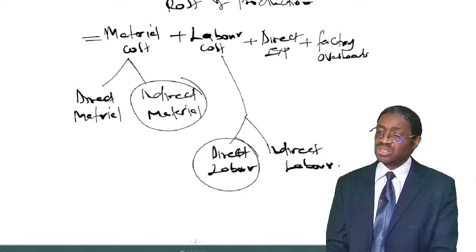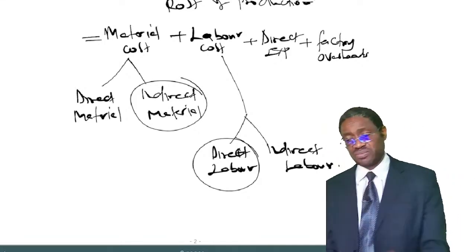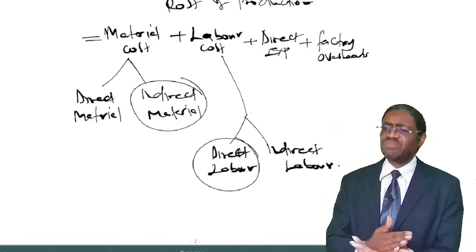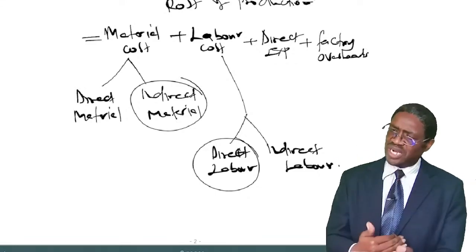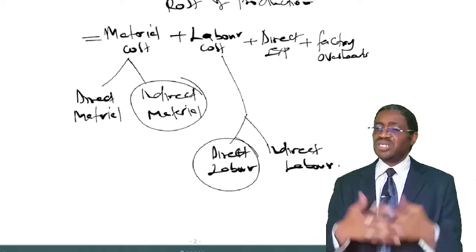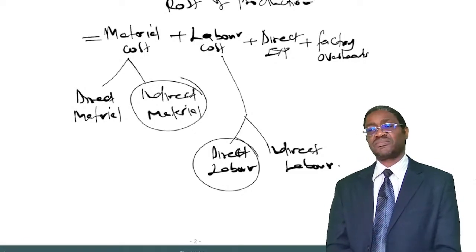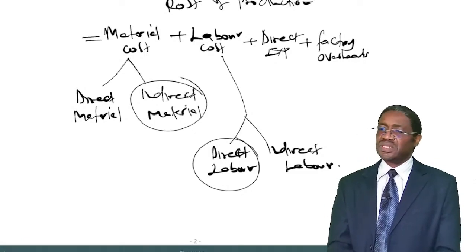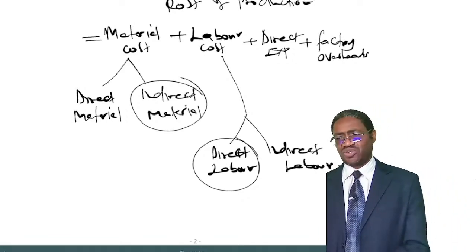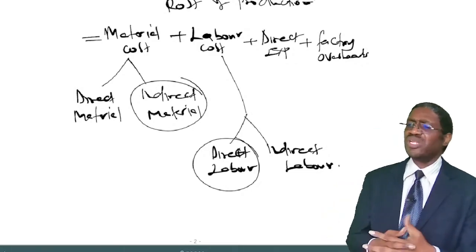I told you, if you are manufacturing tables, the wages you pay to the workers who will cut the timber, shape it into the right shape and put it into a table, the wages you pay such a worker is what we classify as direct labor. Now, again, you are manufacturing tables in your factory. You need somebody who will sweep the factory.